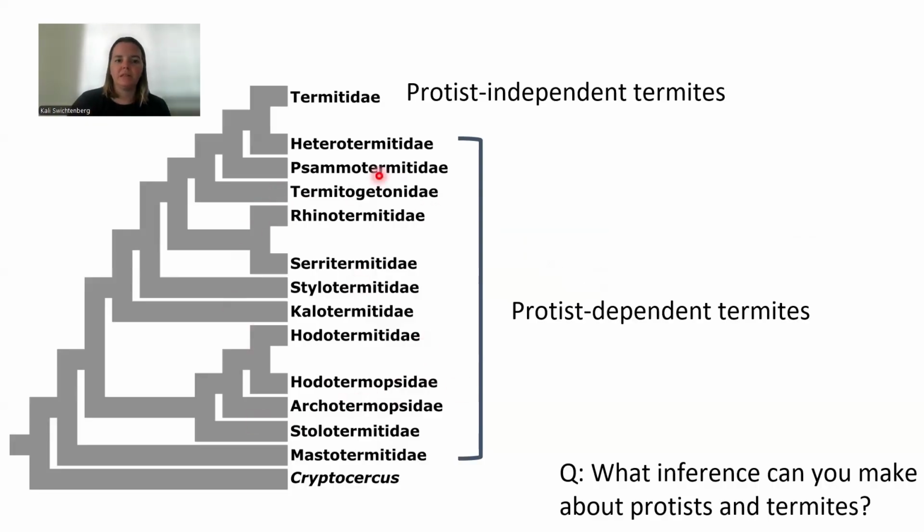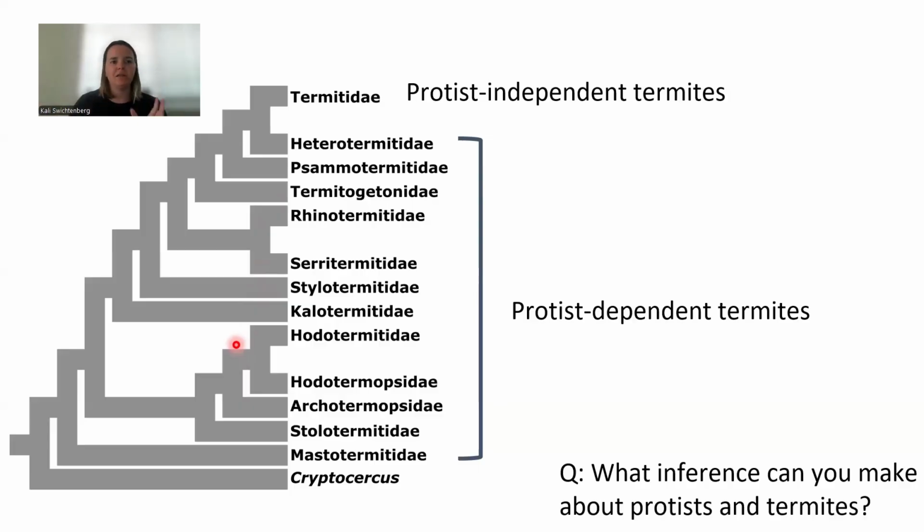And then, since all of our termites except for one clade have protists, the other assumption that we can make is that this clade right here, Termitidae, has lost their protists. That would make more sense than having a whole bunch of introductions of protists into termites.